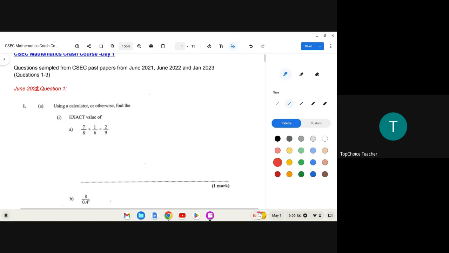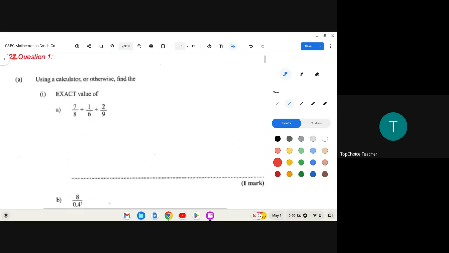I have picked certain questions that I think cover a great diversity of the syllabus from these 3 years, and I'm eager to start working on this. So in a question like this, what would you do?